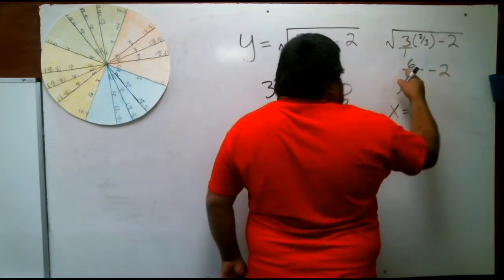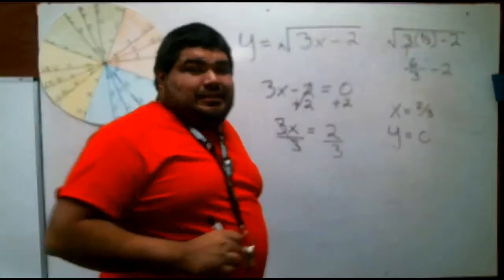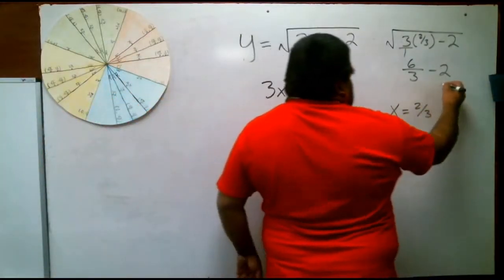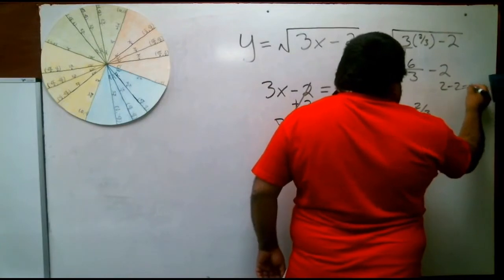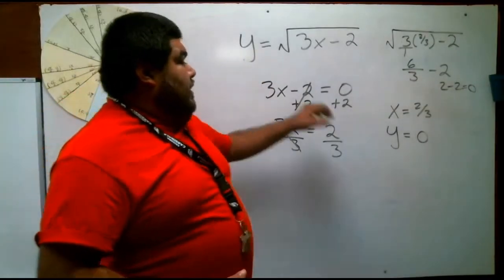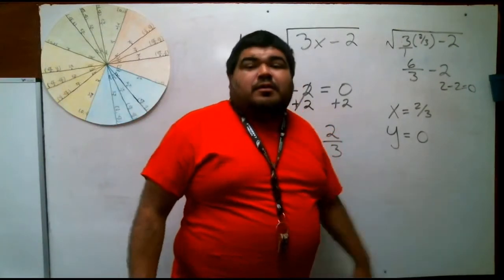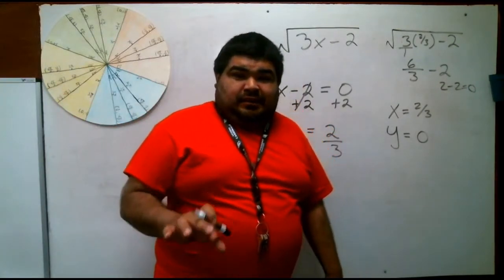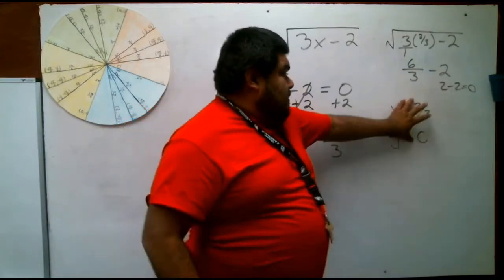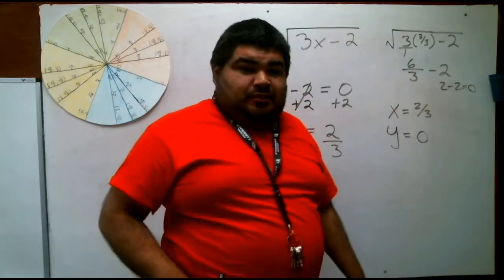Minus 2. 3 can go into 6 two times. Okay? So 2 minus 2 equals 0. That's why y equals 0. Now that we have that, that is always our starting point. Okay? 2/3 and 0.